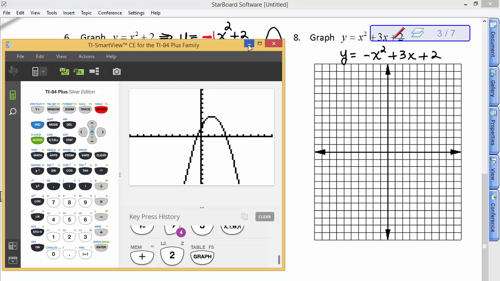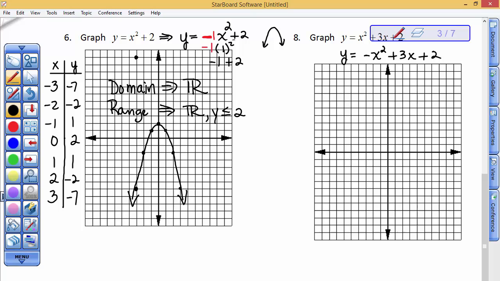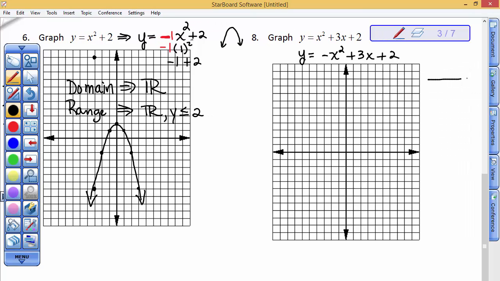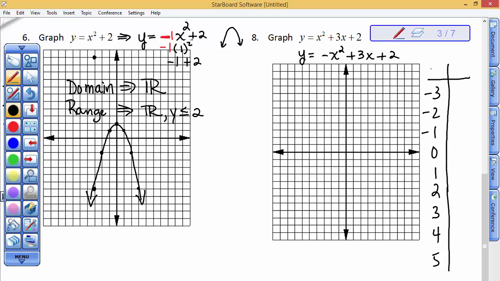I'm going to go negative 3, negative 2, negative 1, 0, 1, 2, 3, 4, 5. And it will do all the squaring for me and putting the negative sign in, 3 times that value for x, and adding 2 by going to that calculator.